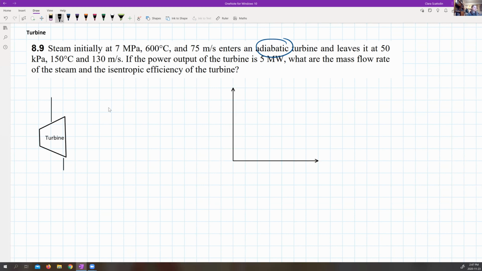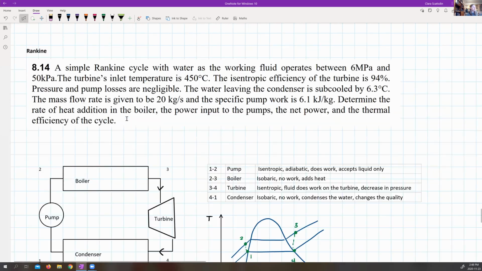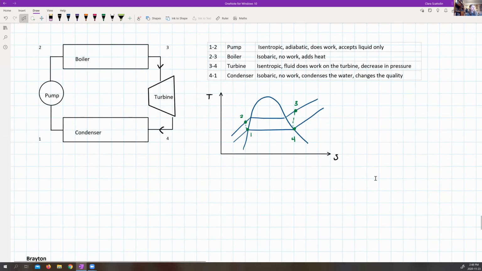So this is H. Should I do it as HS or TS? I'm going to sketch it as TS, I think. Okay, so if we throw back to when we were talking about the Rankine cycle, okay?